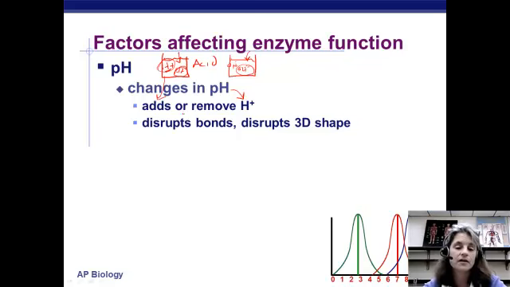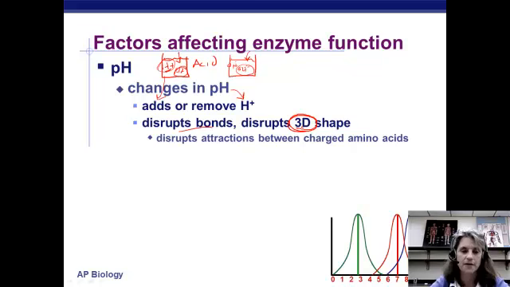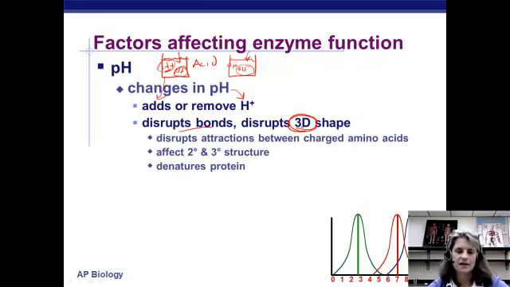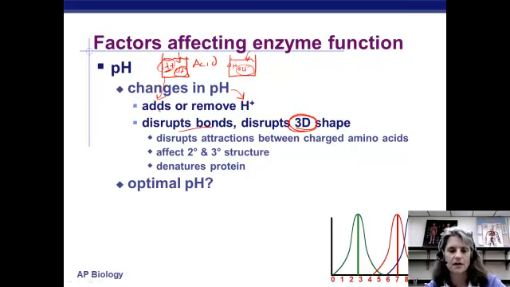Either way, you're going to be dramatically changing the shape of the enzyme. So it's disrupting chemical bonds within the enzyme and disrupting the three-dimensional or conformational shape. Okay? And this is just detailing all those things that could be affected. Secondary and tertiary structure, just basically denaturing the protein.